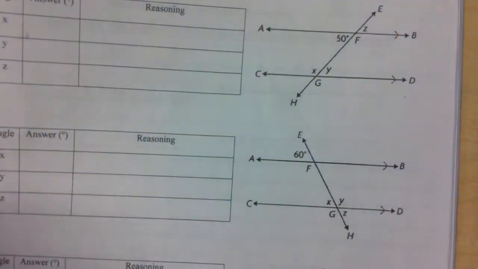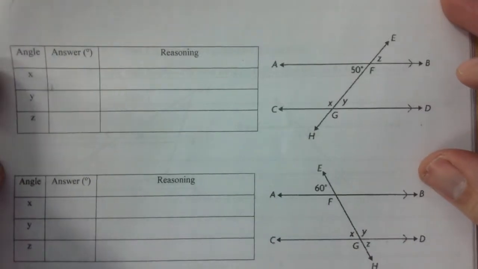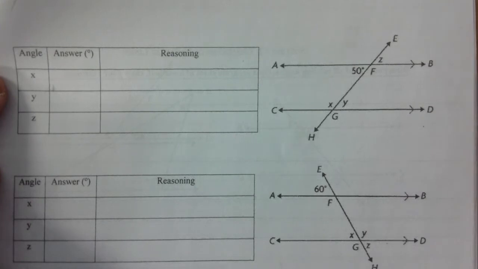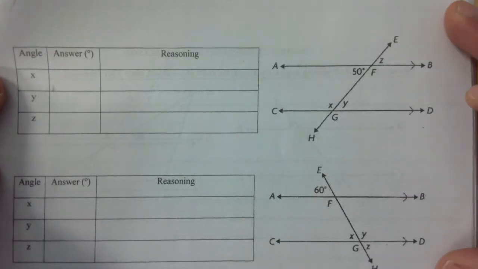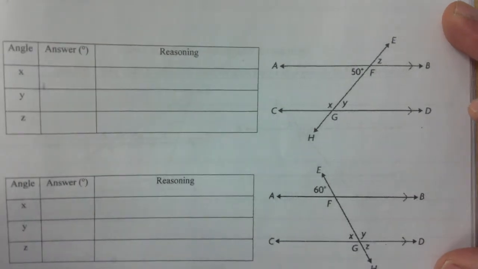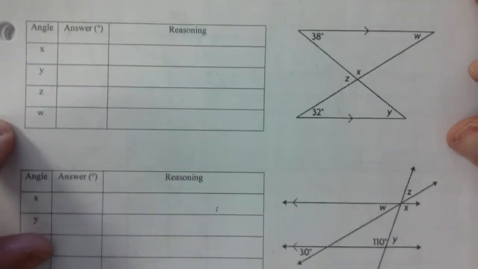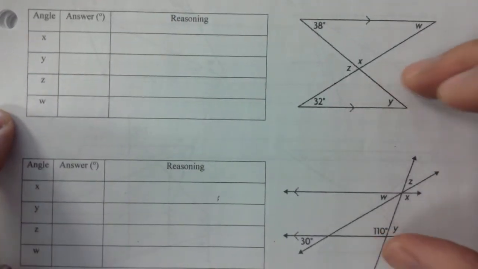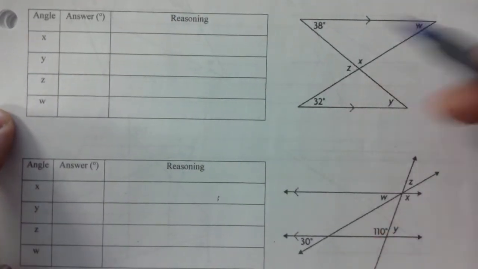Okay, let's go over to 7. I'm not going to do all of them. I'm going to do the last 2. So I'm going to focus on these last 2 because these are the trickier ones. Okay, there's lots going on here.